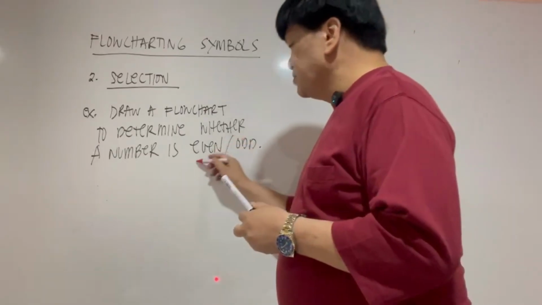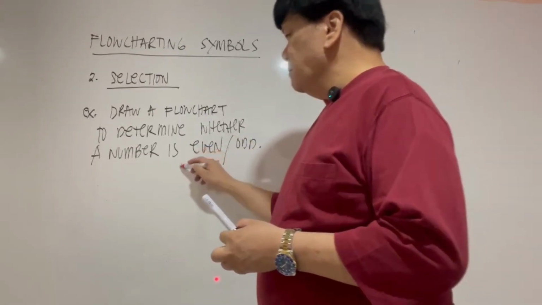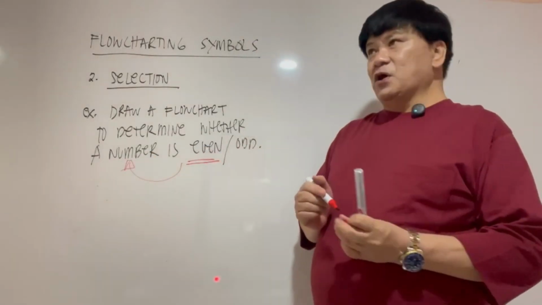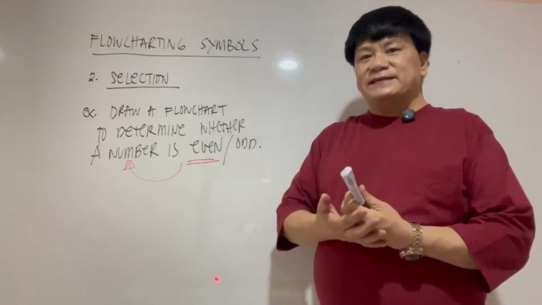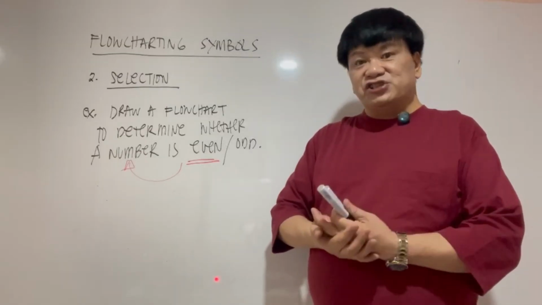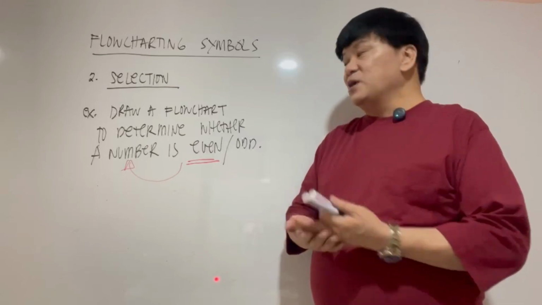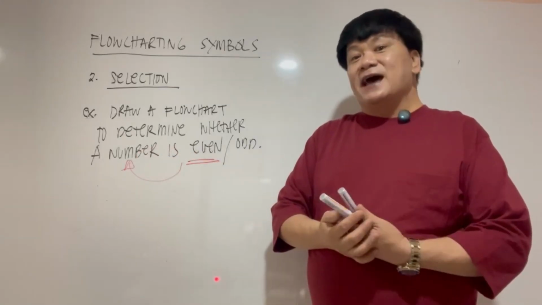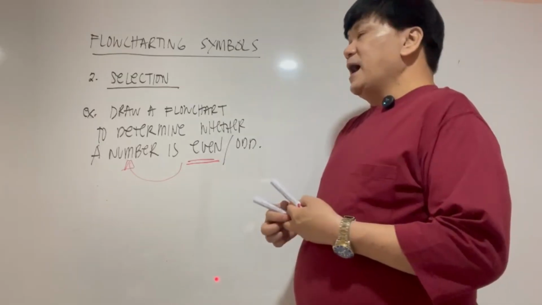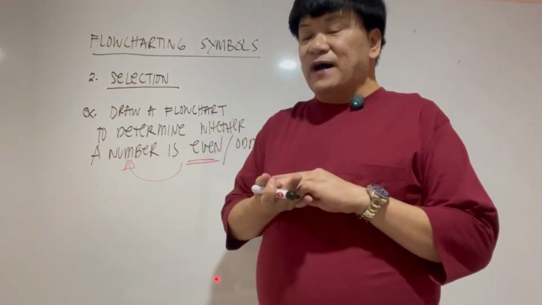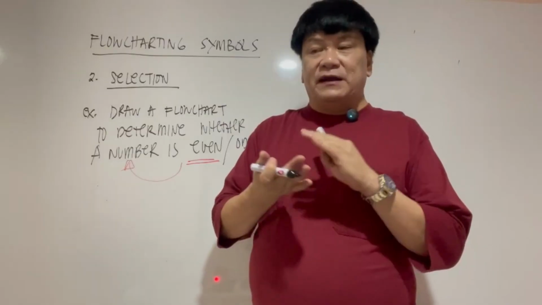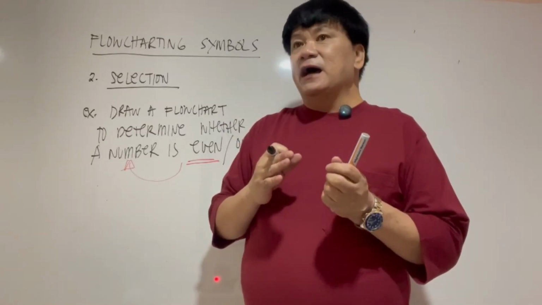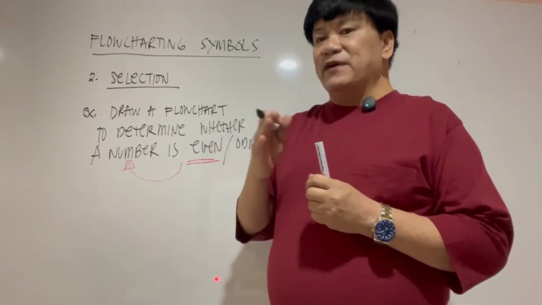How do we determine if a number is an even number? We divide it. All numbers that are divisible by 2 are even numbers. So we divide, and whatever the remainder is, if the remainder is 0, then we can say that the number is an even number.